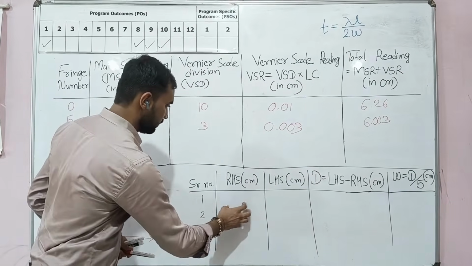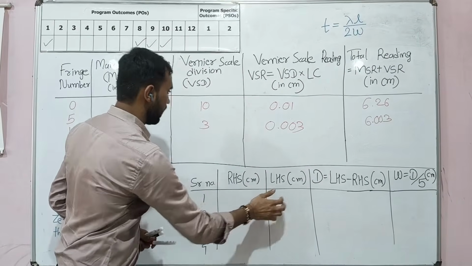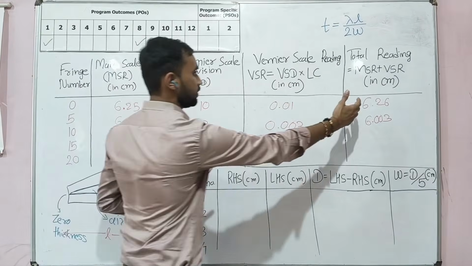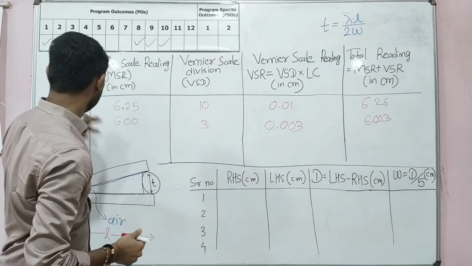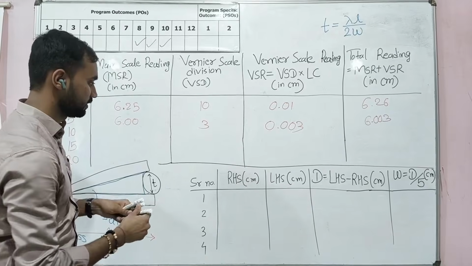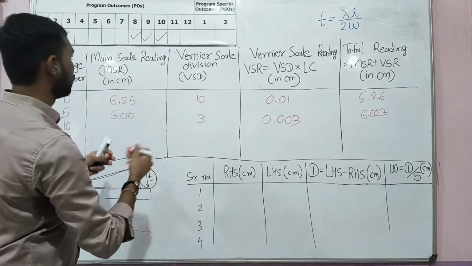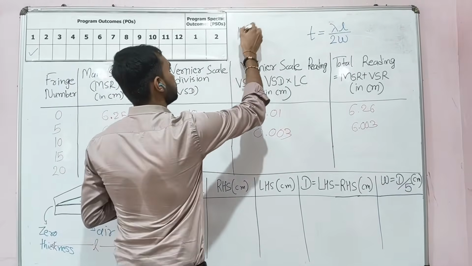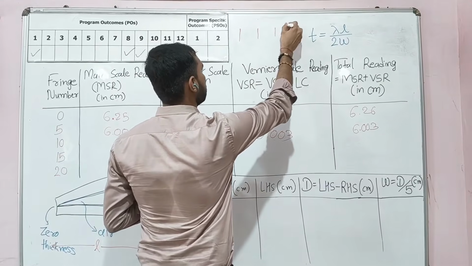So here something is given: L, RHS, LHS. These are the values of RHS, LHS. You may call the position of the zeroth fringe RHS.